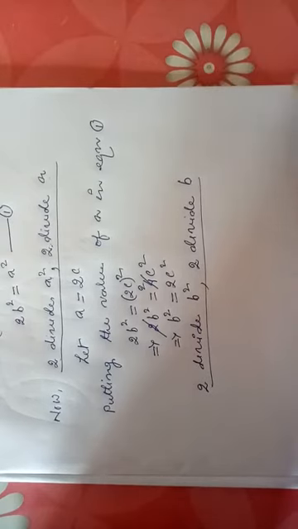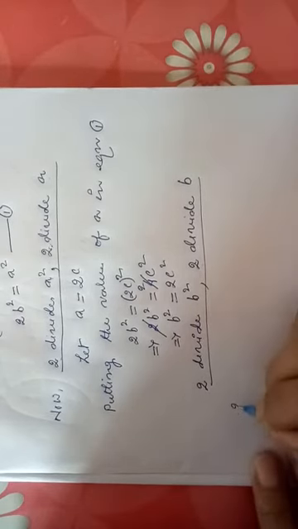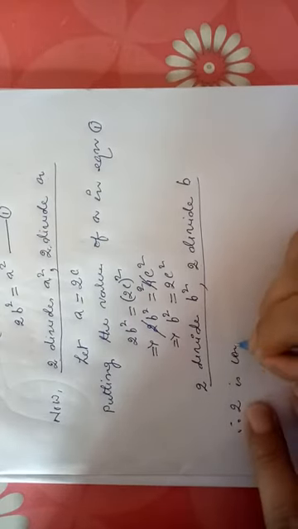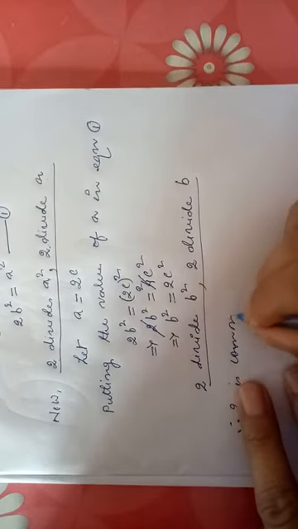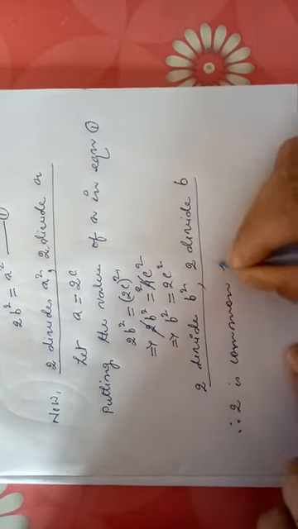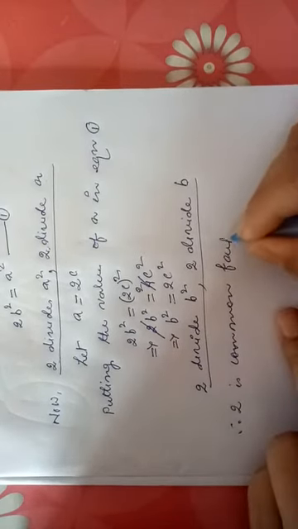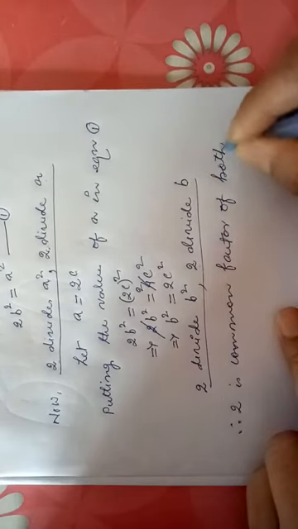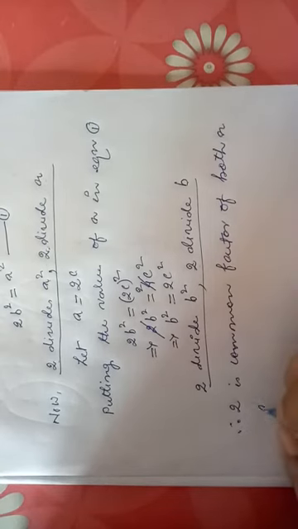Therefore 2 is a common factor of both a and b.